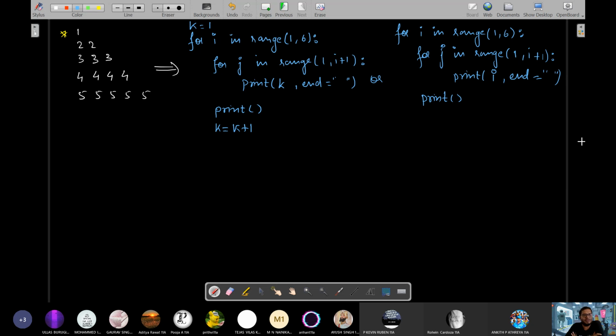So for third row, all values are 3. For fourth row, all values are 4. For fifth row, all values are 5. Instead of j, अगर उसको i कर दोगे simply, so that will also work for this pattern. Okay. Clear? Yes, sir.